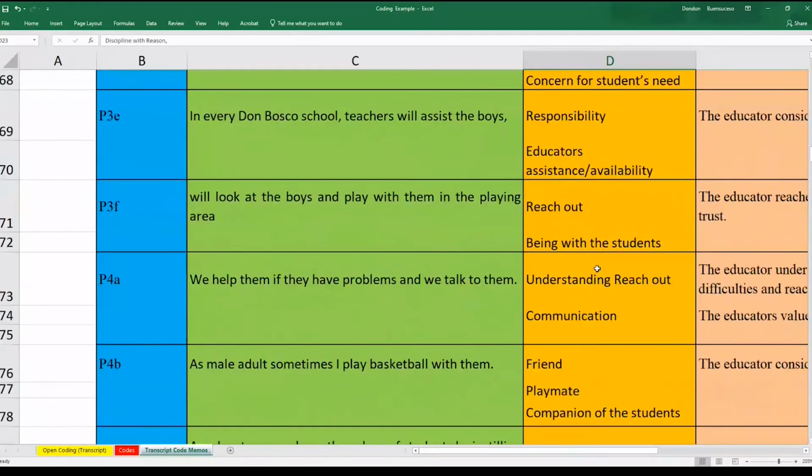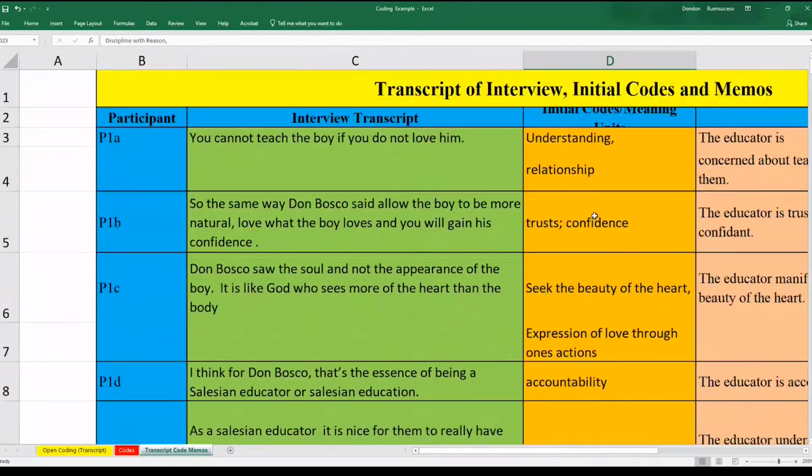This is just the initial from all the participants that you have interviewed. So use an Excel file.